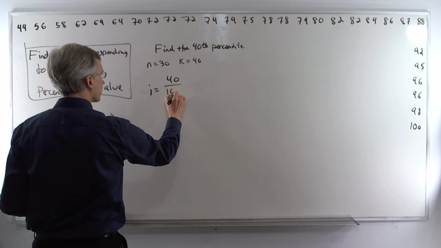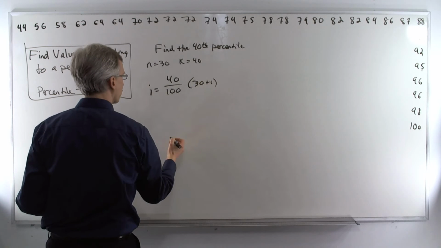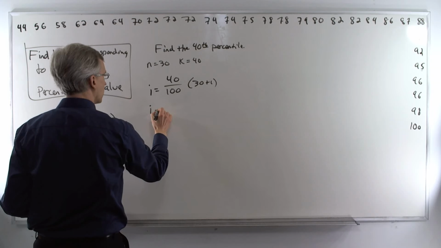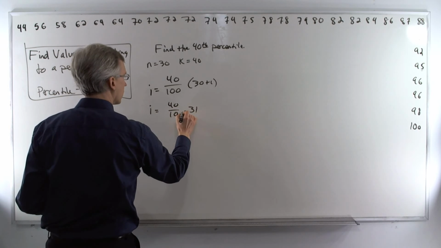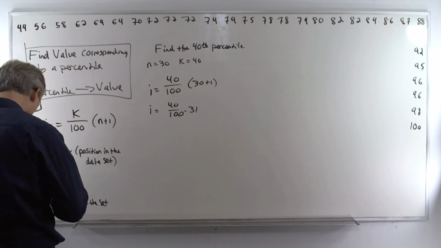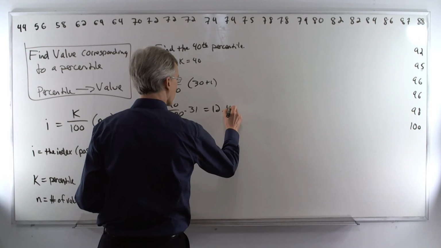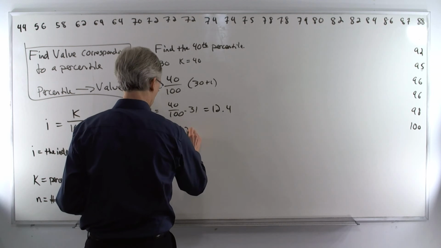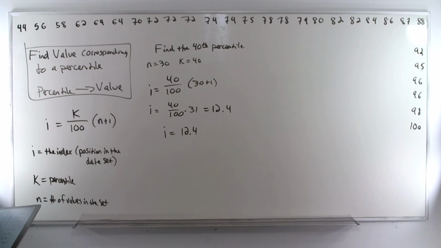That's 40 over 100 times 30 plus 1, so 40 over 100 times 31. So i equals 12.4.